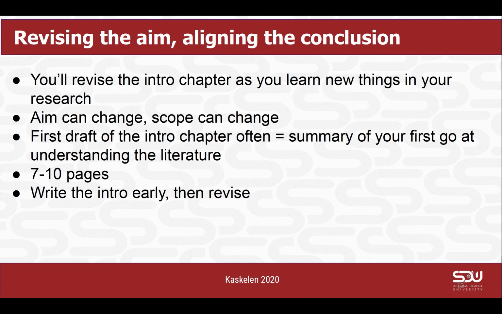Often your first draft of the introductory chapter is your first attempt at understanding your literature, your problem, your research questions, right? What you have to do. So the advice is to really write the introduction early and then revise. And if you can, write the intro and conclusion together and then revise them together, okay?